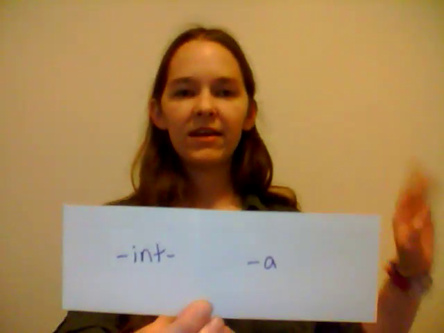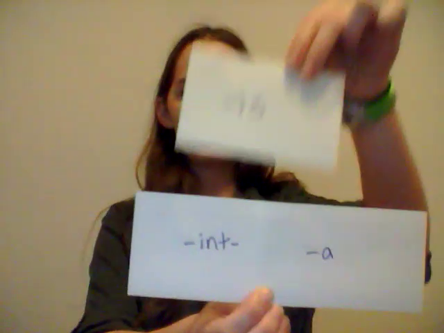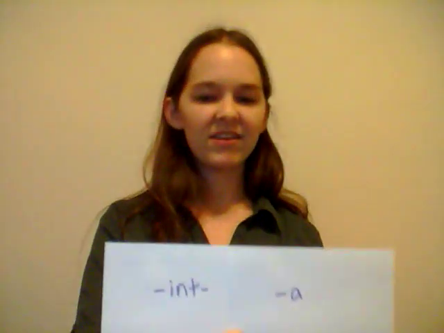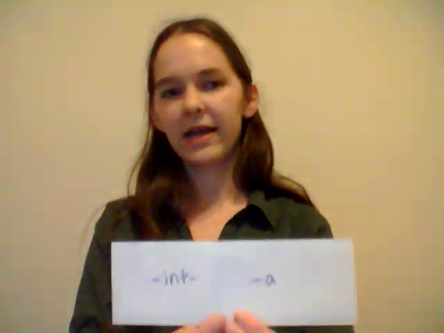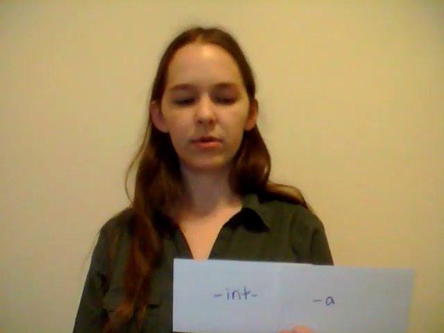This is the past tense active participle. You can tell it's past tense because you will remember IS is for past tense verbs, IS is for a past tense verb, and INT is for a past tense active participle.